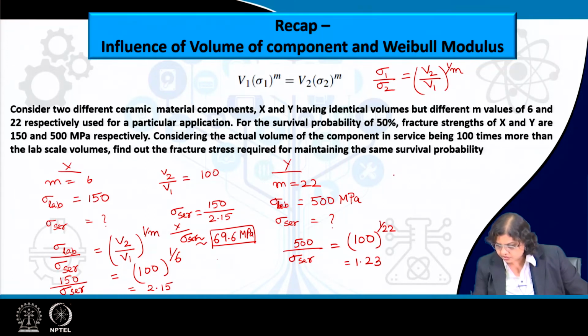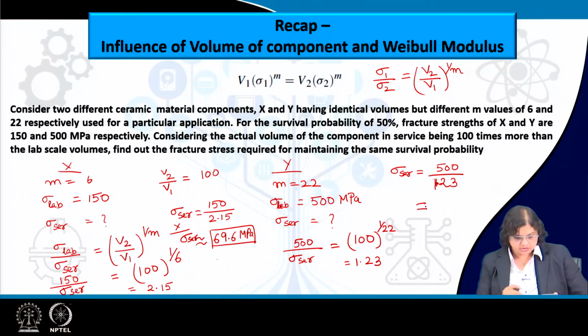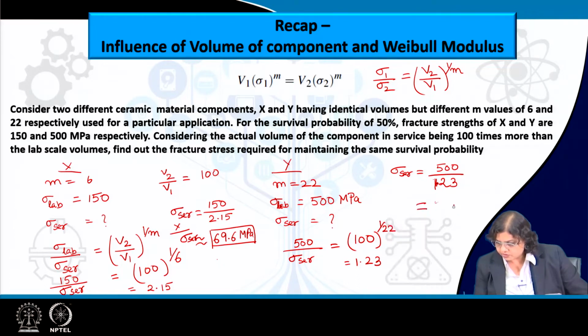So, that gives us sigma service equals 500 by 1.23. Okay, and that is equivalent to 405.6 MPa. Okay. So, this is sigma service for condition y.